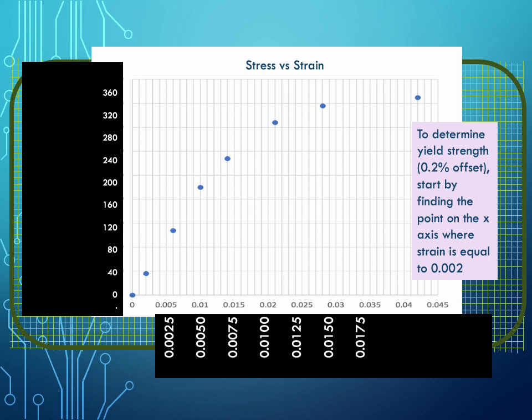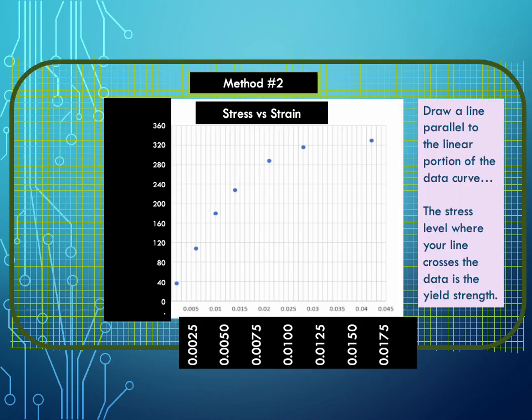Okay. So it should begin right there. And then I need to draw a straight line, a line with the same slope as the original data.